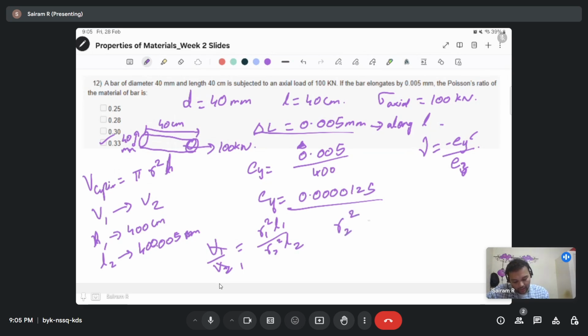R2 square should be, 40 mm is the diameter, so 20 mm, 20 square into 400 divided by 400.005.